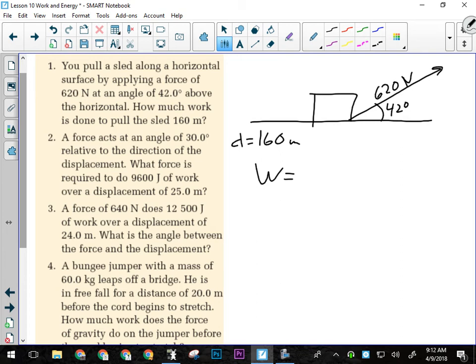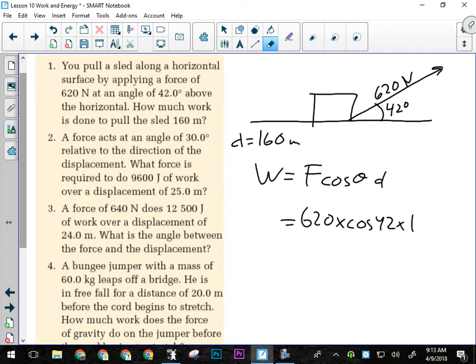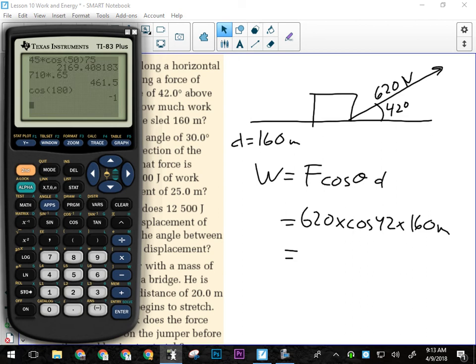Work is F times the cos of theta times D. So we're just plugging into this formula for number 1. The force is 620 times the cos of 42 times 160 meters. So 620 times the cos of 42 times 160.